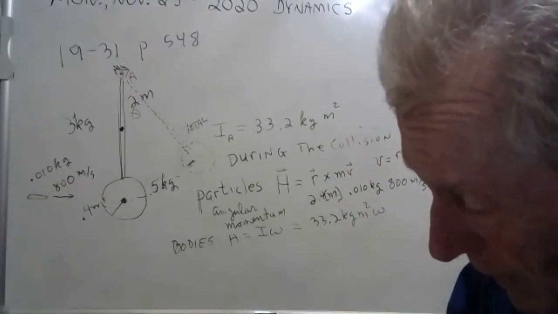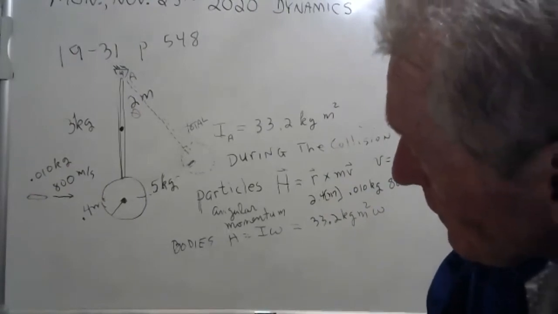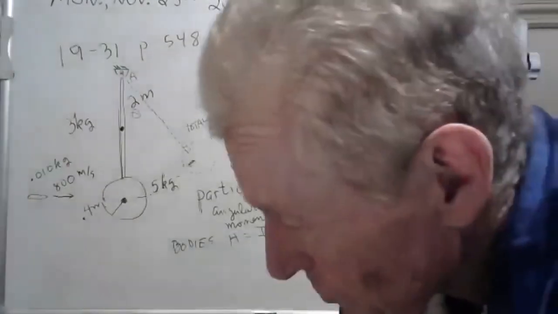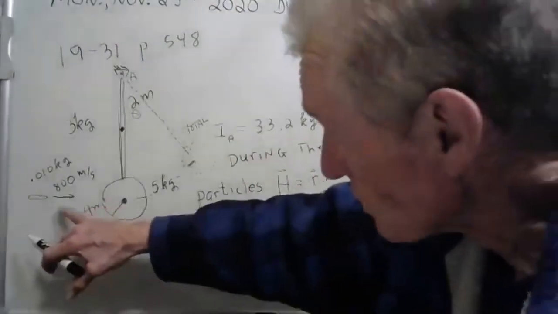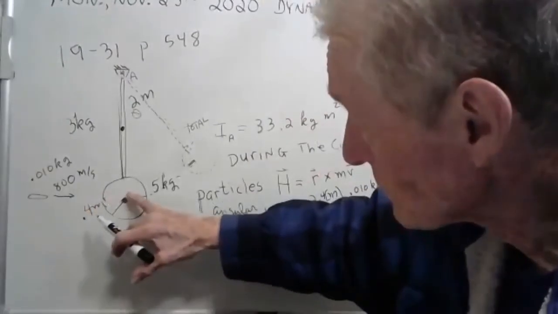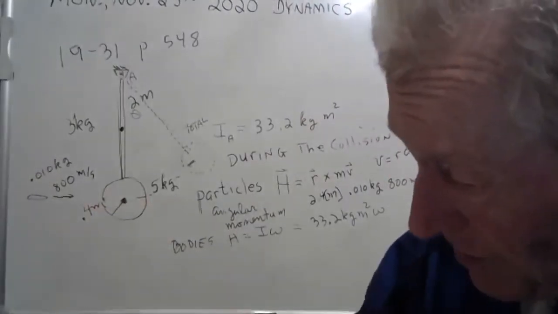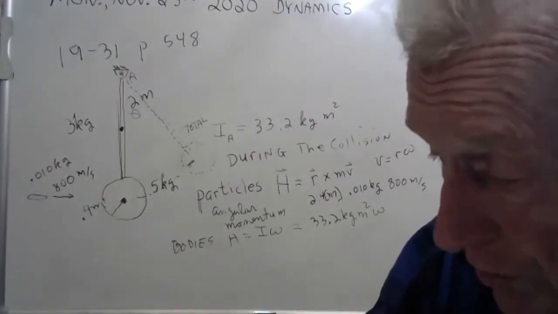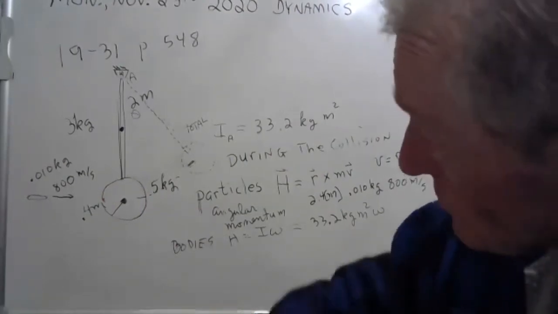Okay, now here's the plan. There are no external forces, just internal forces of the bullet acting on the disc and the disc acting on the bullet. The forces cancel out, and their moments cancel out. See, moments are forces times distance.